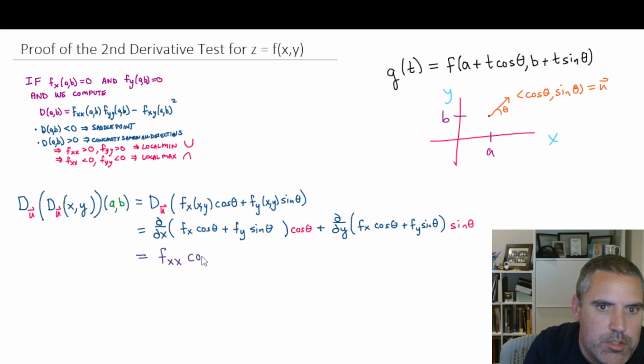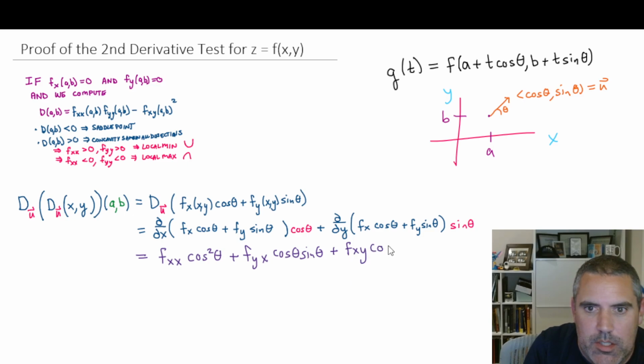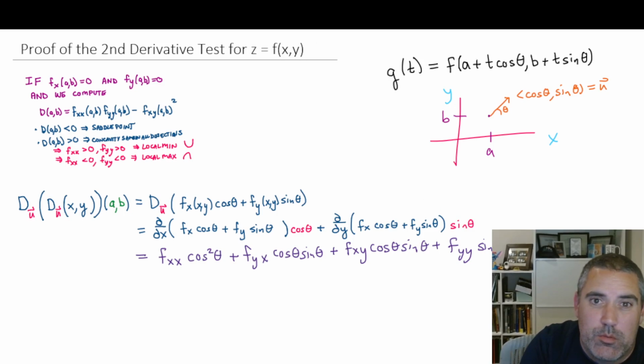So you get this little cosine squared of theta. And then you get f of yx. The order actually doesn't matter because of Clairaut's theorem, assuming we have continuous partials. But we're going to assume that. And then we have this cosine of theta, sine of theta. This is what I did earlier today. I was just thinking about this, and then this twice. Sine squared of theta. And that's really it.